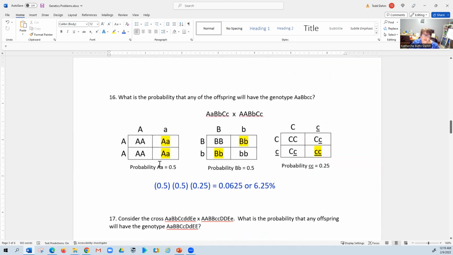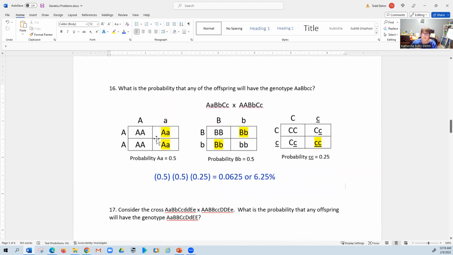And you can even use the same Punnett squares, except I wrote on mine and I just unhighlighted them and re-highlighted the ones that we wanted. So we are wanting the probability of heterozygous A, which is 0.5, of heterozygous B, which is 0.5.